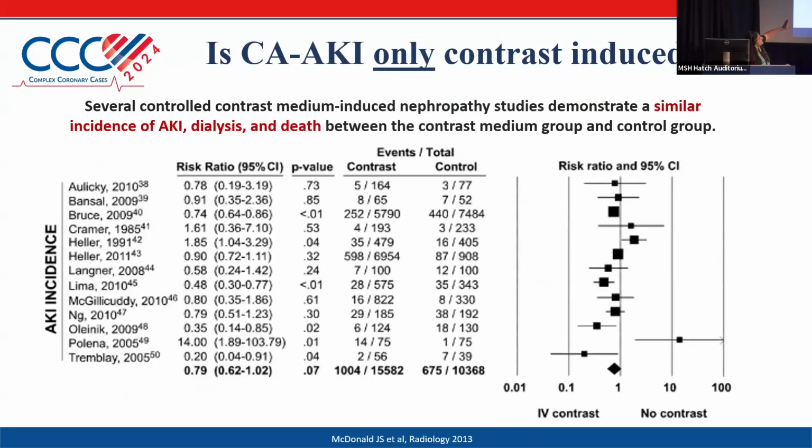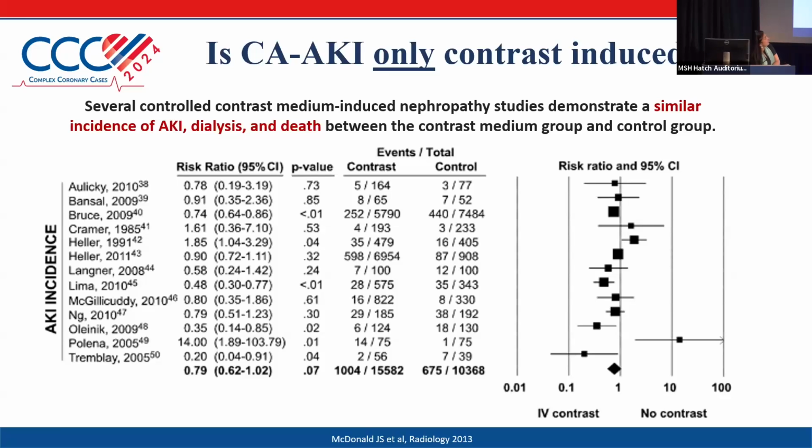Because is it only contrast-induced? And that's the reason why we no longer call this contrast-induced nephropathy. It's because very important is that there are other things going on. You're putting in a catheter, there could be thrombi, there could be other associated issues, there could be hemodynamic changes during the procedure.